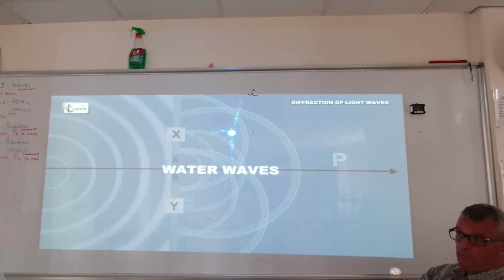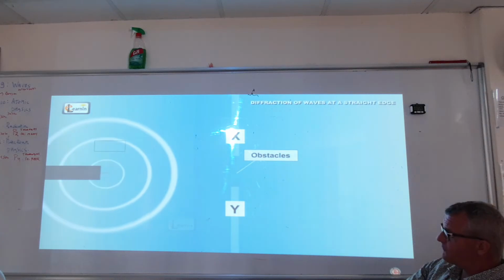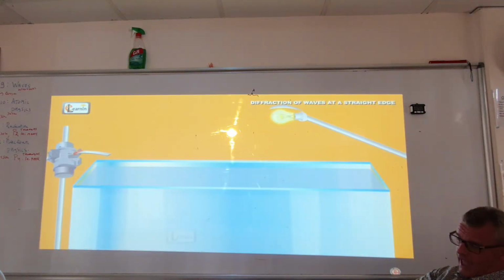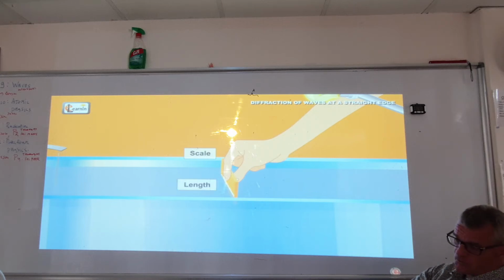Now, as I said, openings or edges. Yeah? So, if we have only one edge, waves will also bend around the edge. This is also called diffraction.